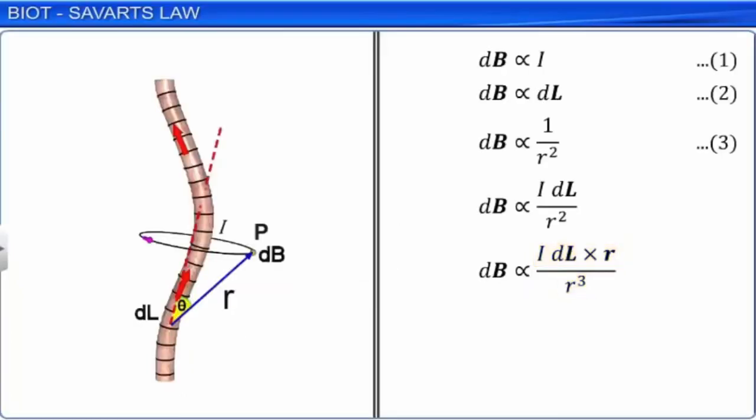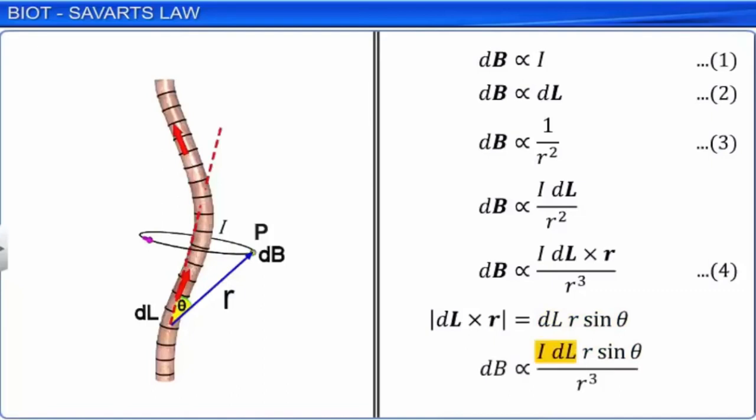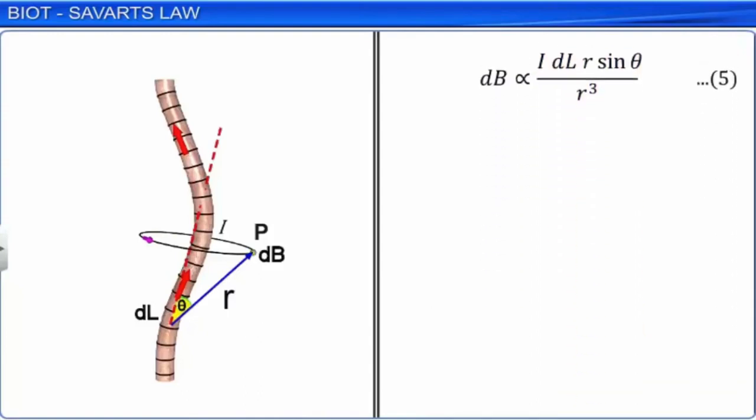Write it as equation number 4. The magnitude of the cross product dl cross r is equal to dl r sin theta. Therefore, dB is proportional to I dl sin theta by r squared. Write it as equation number 5.